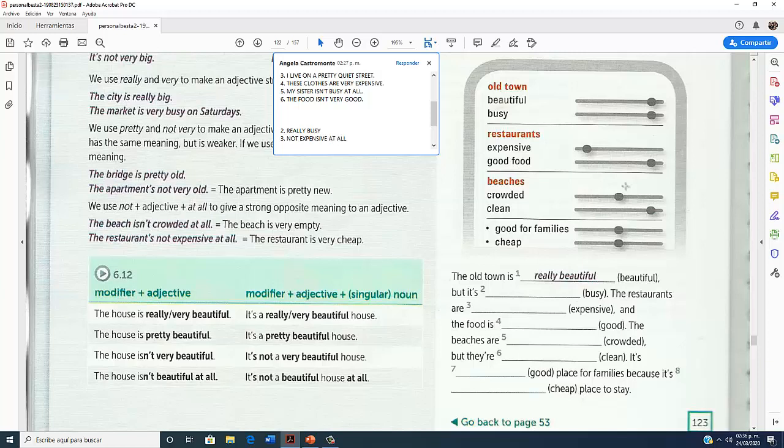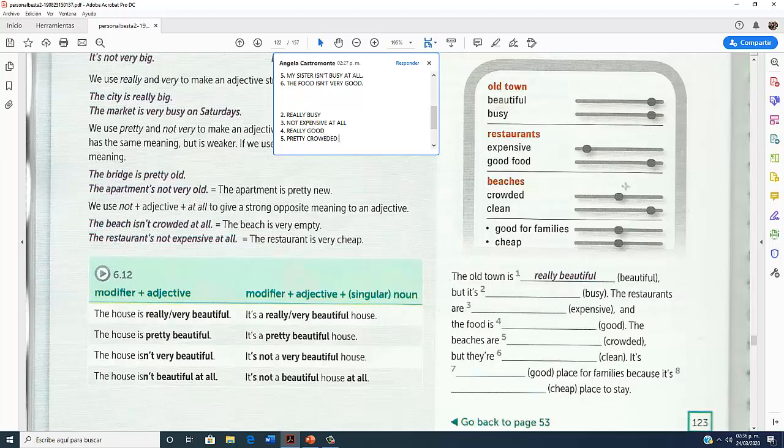The restaurants are not expensive at all. And the food is really good. And the food is really good. 5. The beaches are pretty. Can we say pretty? Yes, no? Pretty crowded. The beaches are pretty crowded.